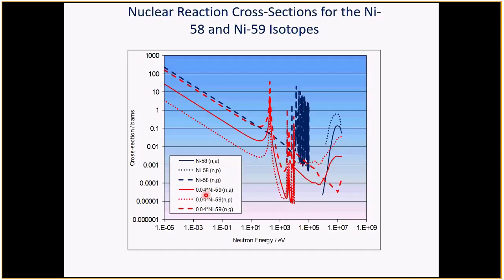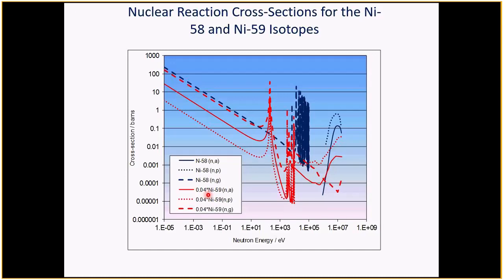So in the peak flux part of the core, because the CANDU reactor core has such a high thermal neutron flux, you can produce a lot of nickel 59 very quickly.